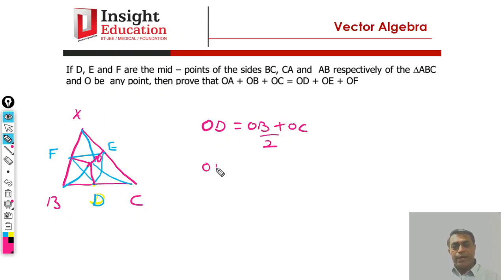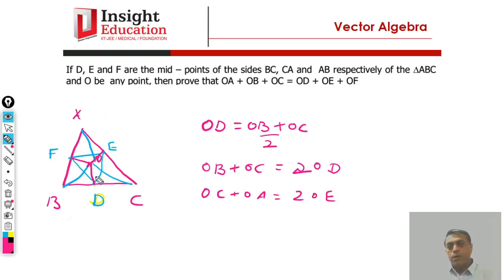It means now I can write OB plus OC is equal to 2 times OD. Similarly, here also I can write OC plus OA is equal to 2 times OE, and OA plus OB is equal to 2 times OF.